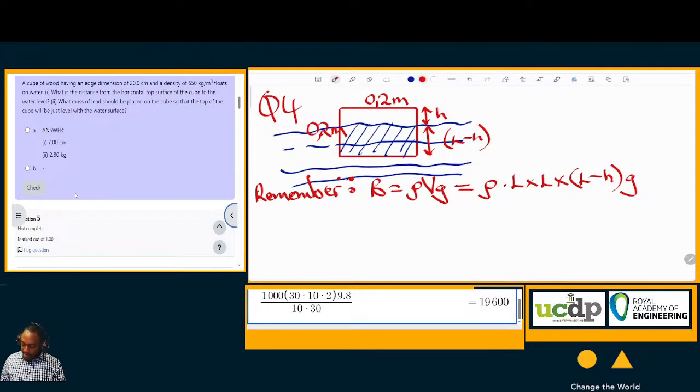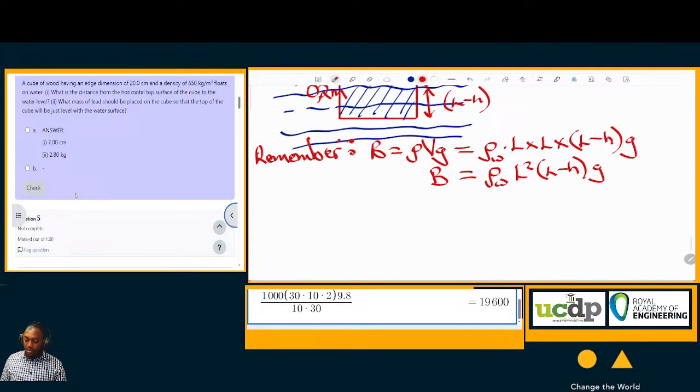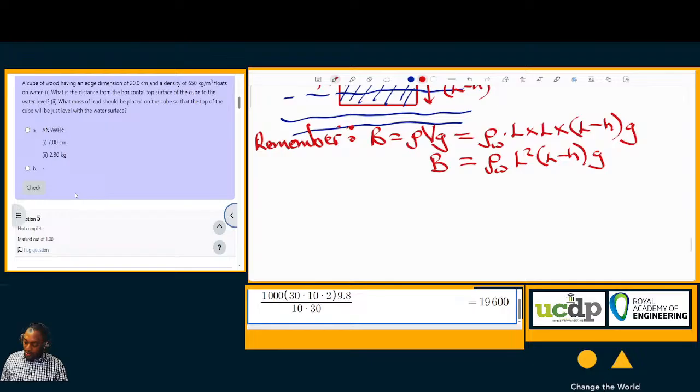And this density is the density of water. If you simplify this, your buoyancy will be the density of water times L squared times L minus h times the value of g. And this should be equal to the weight of the block. So we can then equate, because we know that the buoyancy would be equal to the weight, buoyancy being your upward force and weight being your downward force.